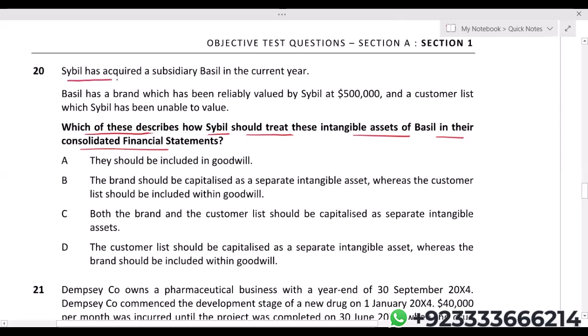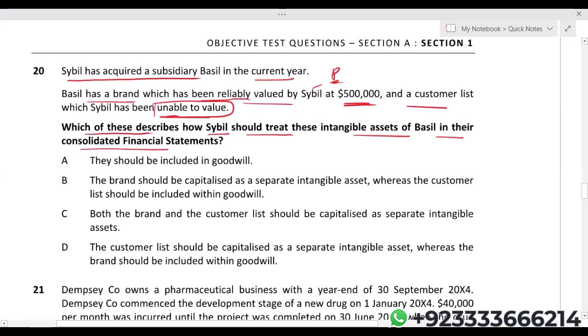Say Sable has acquired a subsidiary, Basel, in the current year. Basel has a brand which has been reliably valued by Sable, the parent, at 5 lakh.